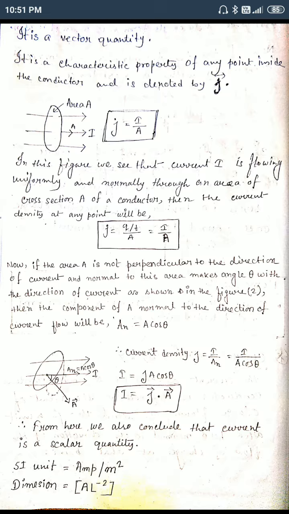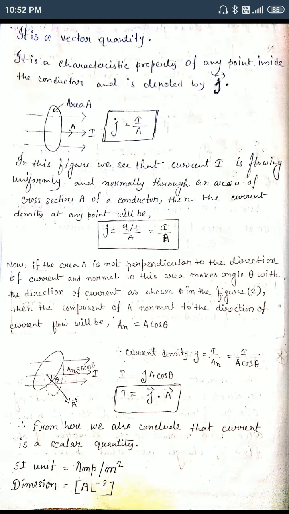But in the second figure you see that the area is not perpendicular or normal to the direction of electric current. It makes some angle with the direction of the electric current. So in that case we use its component, because we know that the area vector is always perpendicular to the surface.